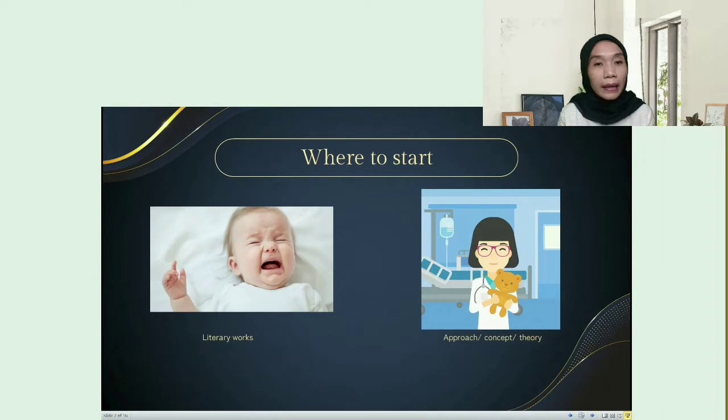So that's a big no-no, of course. They need to work the other way around. Find the literary work first, and then you can use any approach, concept, and theory needed to analyze the issue in the literary work, not the other way around.